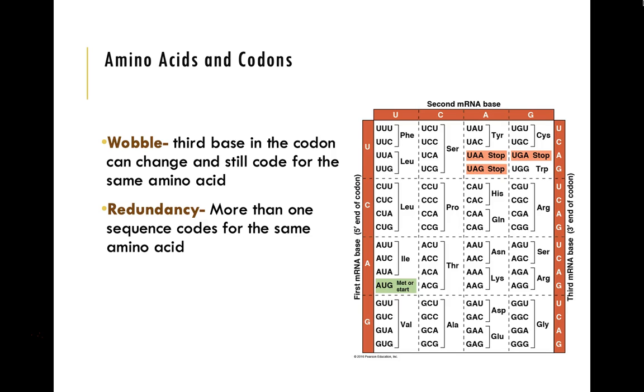So if a mistake happens in the third base of a triplet code of a codon, you can introduce that mutation without even changing an amino acid. So this is really important in continuing to produce functional proteins in a cell. It actually provides kind of a buffer for mutations to occur, because some mutation can occur without actually changing what you're coding for.